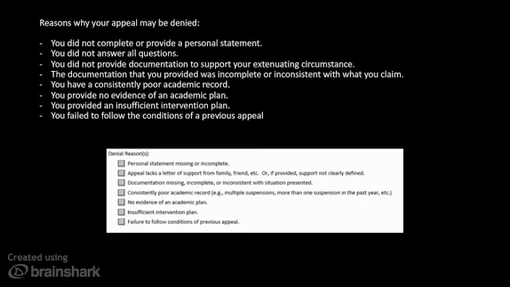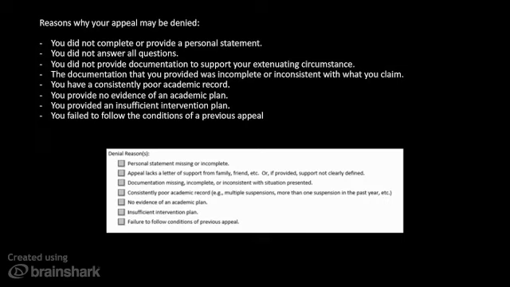Appeals are also denied when documentation is not provided to support the extenuating circumstances that are identified in the appeal. Appeals are denied when the documentation provided by a student is incomplete or inconsistent with what the student claims.